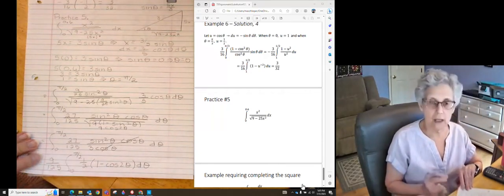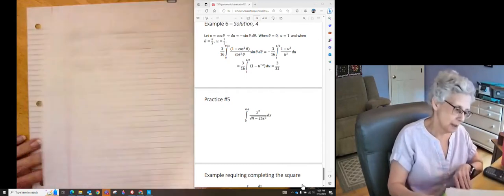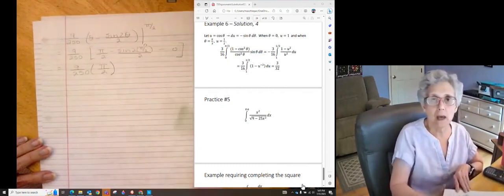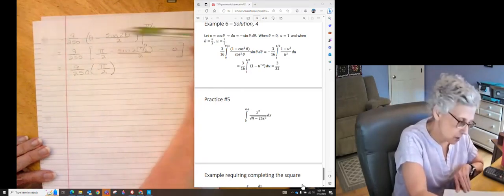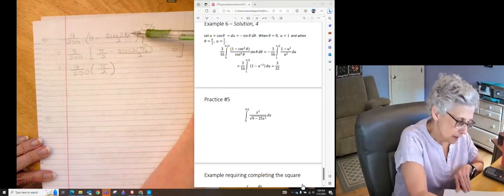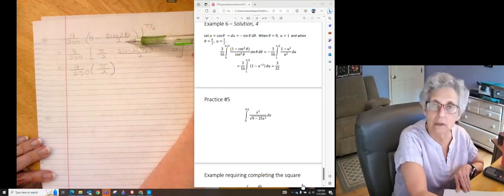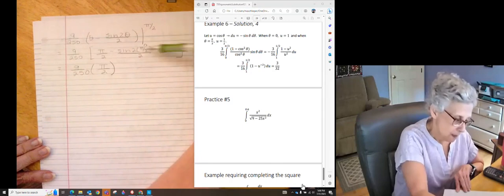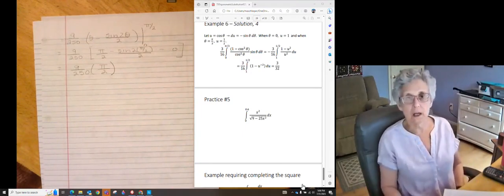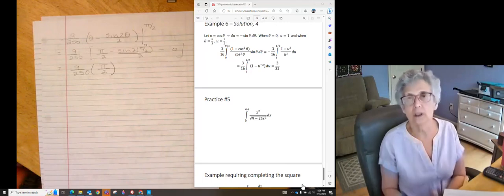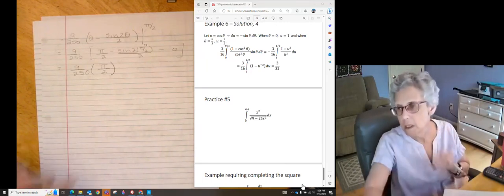So I had to use my half angle formula. Didn't have to bring x back because I had already updated my limits of integration. So theta minus sine of 2 theta over 2, and 2 times pi over 2 gives me pi. Sine of pi is 0, so I ended up with just 9 pi over 500.